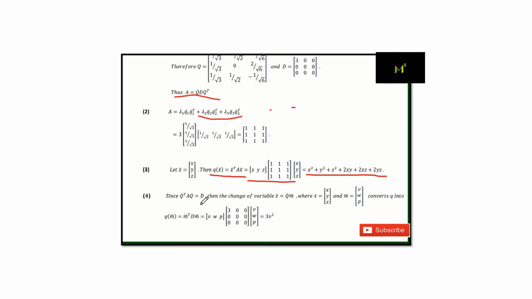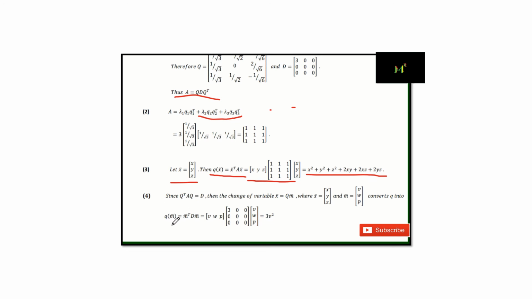The first thing to note is that D is equivalent to Q transposed times A times Q. Then this means a change of variable of x equals Q times vector m, where x is the vector from question 3, and m is a new vector with components v, w, and p, converts Q into this.